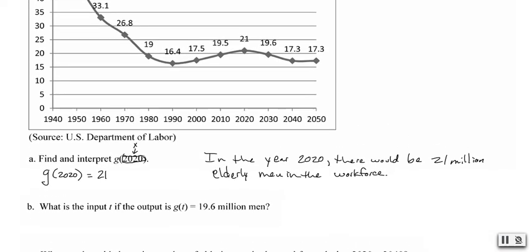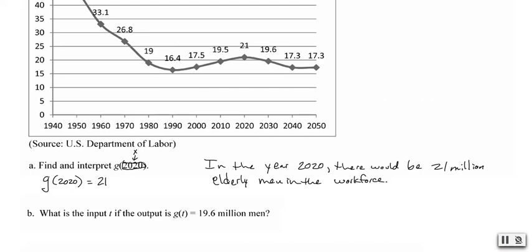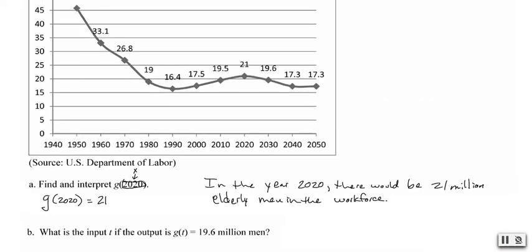Okay, part B. What is the input t if the output is g of t equals 19.6 million men? So I'm looking along here and I'm going to try and find the 19.6. There it is. We read down and the input is going to be the year 2030. Okay.